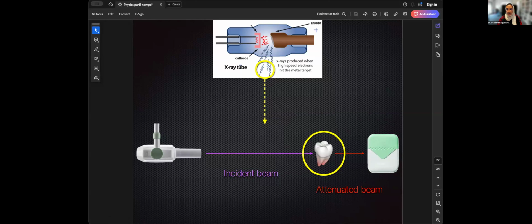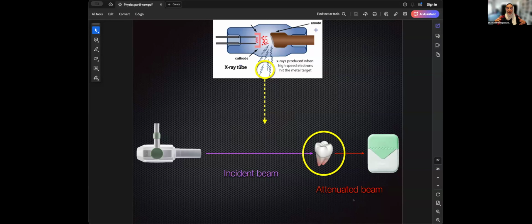Here is your X-ray tube. It created something called an incident beam, which is the beam coming out of the machine with a certain energy, a certain quantity, and a certain quality. It then hits the body and interacts with the body, and what comes out the other side is called an attenuated beam.